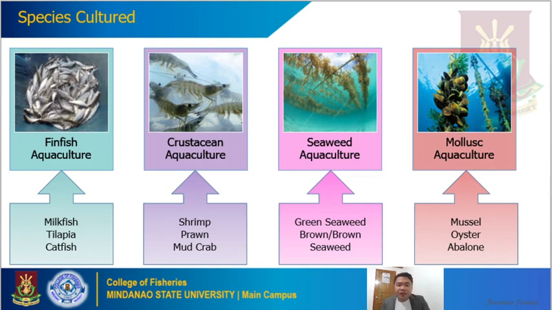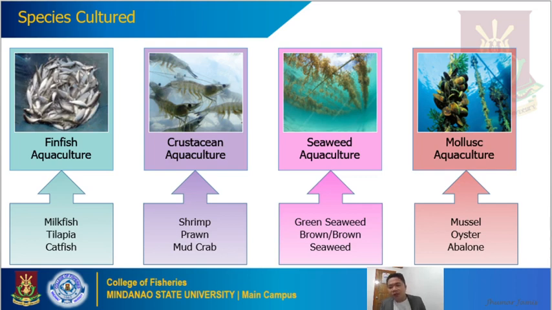Aquaculture is also classified according to the species cultured into seaweed aquaculture. Normally, all of the aquatic plants in the aquaculture industry fall under seaweed aquaculture, wherein they cultivate green seaweed, brown seaweed, and other types of seaweeds.